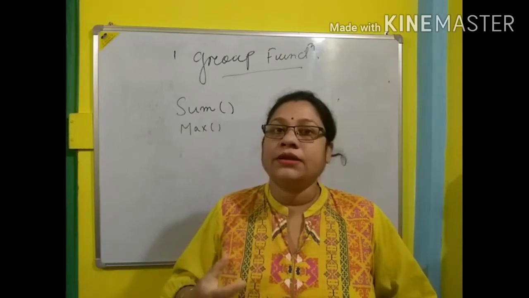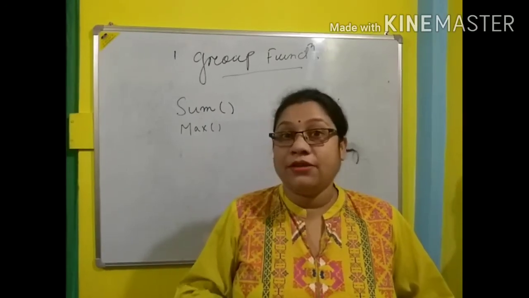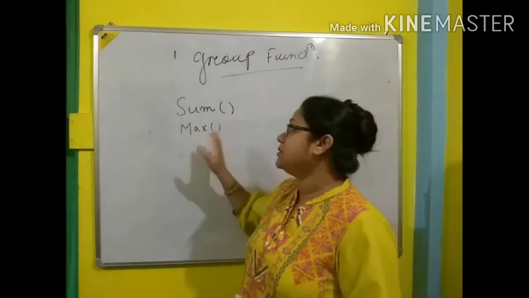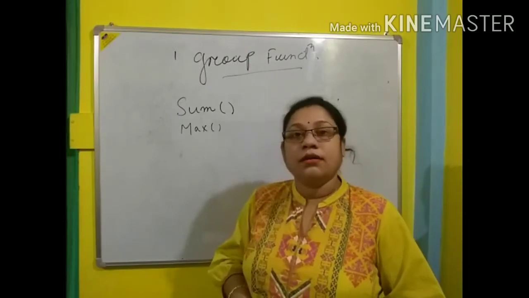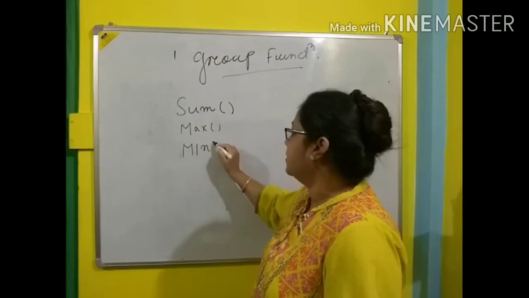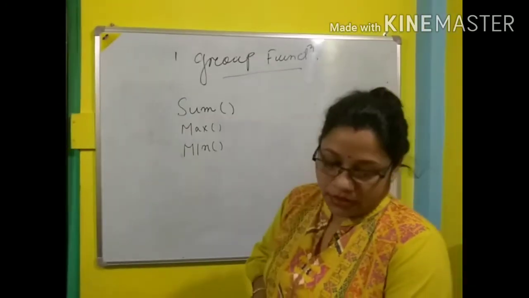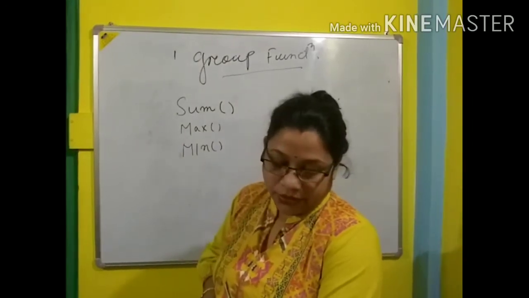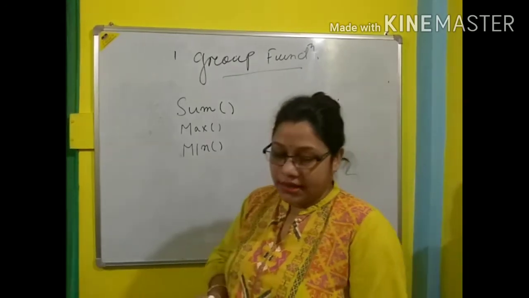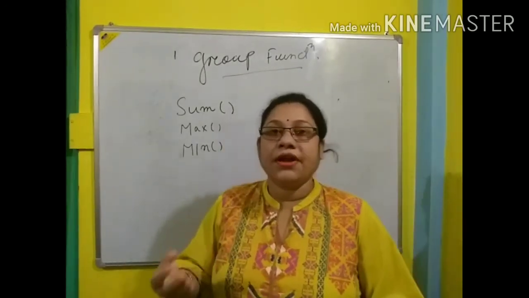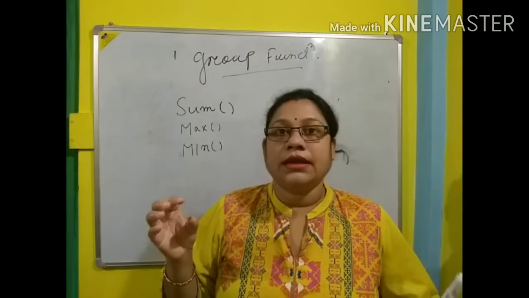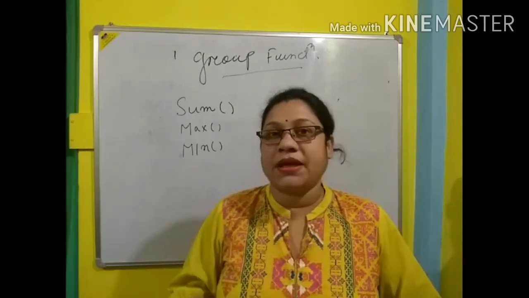If you want to find out the maximum value from the values present inside the column, then you can use the max function, that is for maximum. After that we have another function, that is min, that is minimum. It returns the minimum value of a set of values of a specific column or expression. That means it is going to find out the minimum value that is present in a group of values in a column.